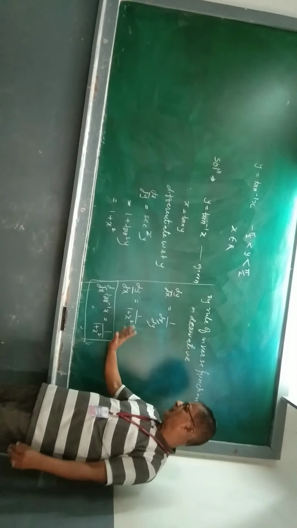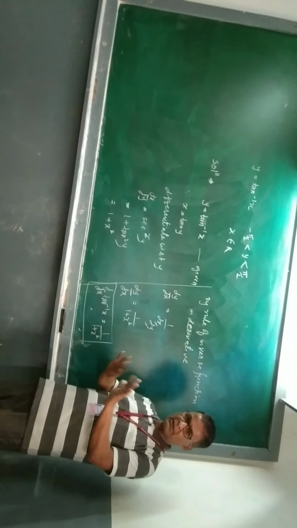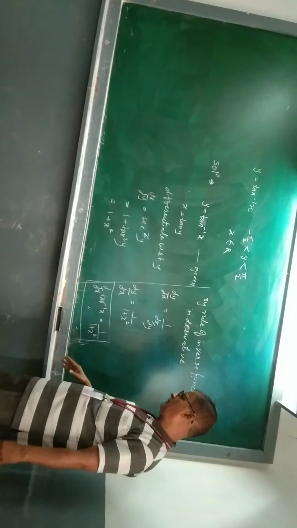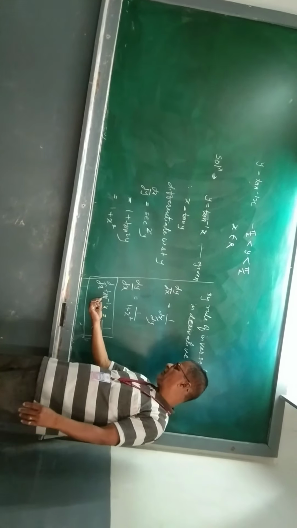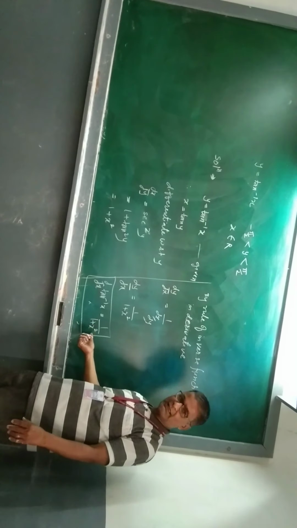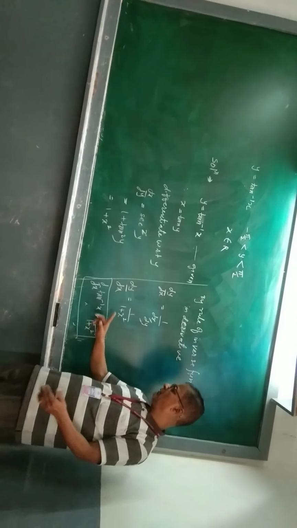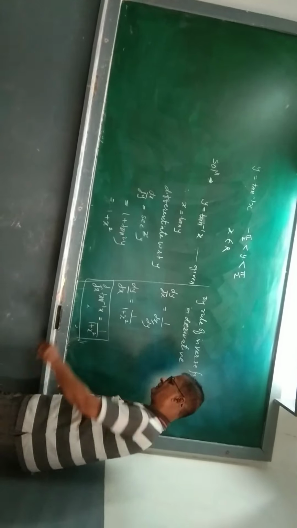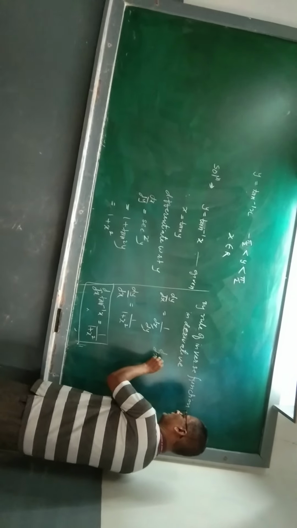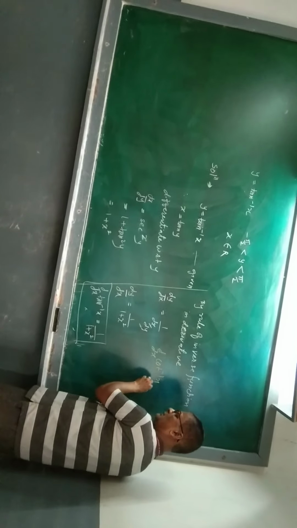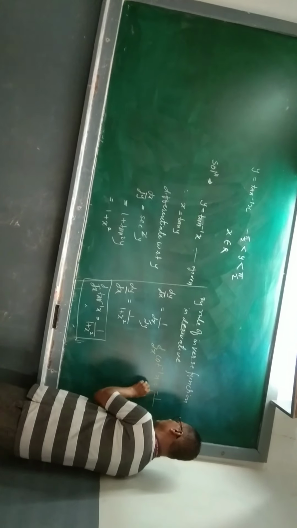Tan inverse of x and cot inverse of x are complementary, like reciprocal of each other. So the derivative of tan inverse of x is equal to 1 upon 1 plus x square, and derivative of cot inverse of x is equal to minus 1 upon 1 plus x square.